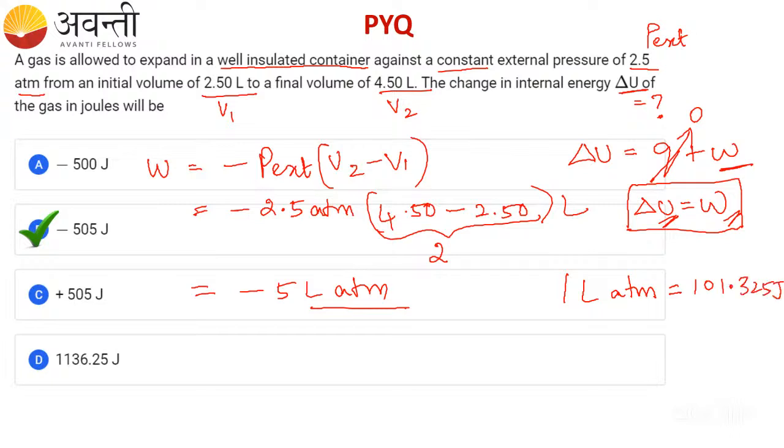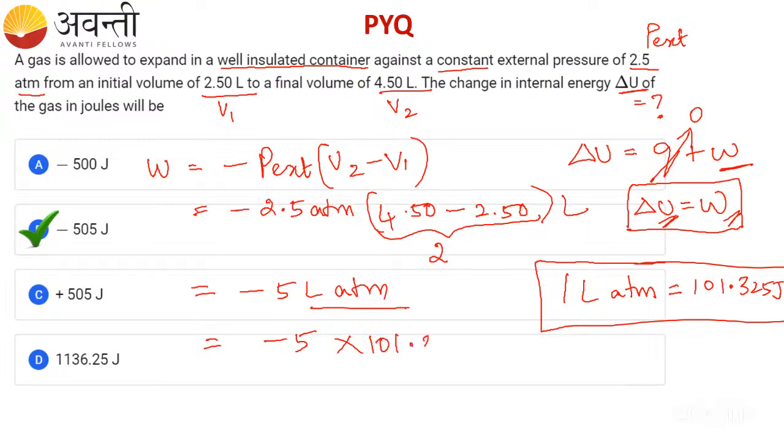This is the conversion factor. So multiply minus 5 into 101.325 joule, and you will get minus 506.625 joule. But the nearest approximate value is minus 505. So that's why option B is the correct answer for this question.